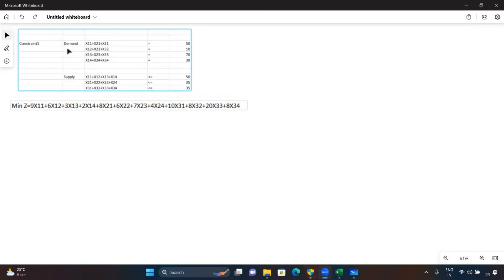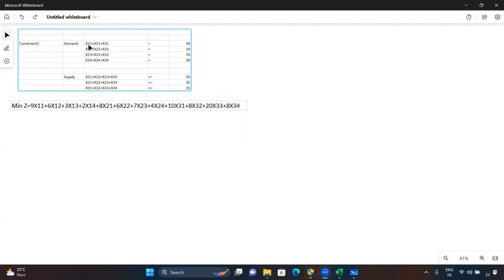You can see for the demand constraint, this is the big formula that we have written. This is for the supply constraint, and this is z, that is our objective function. So if we want to formulate this mathematical model in a more compact way, how can we do that? We are going to start from the demand constraint. For the demand constraint, you can see x11, x21, and x31.